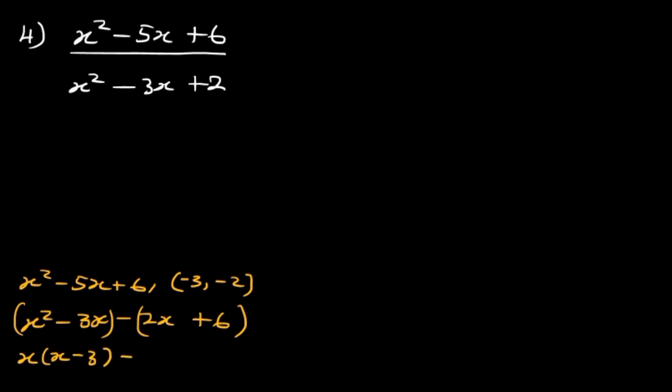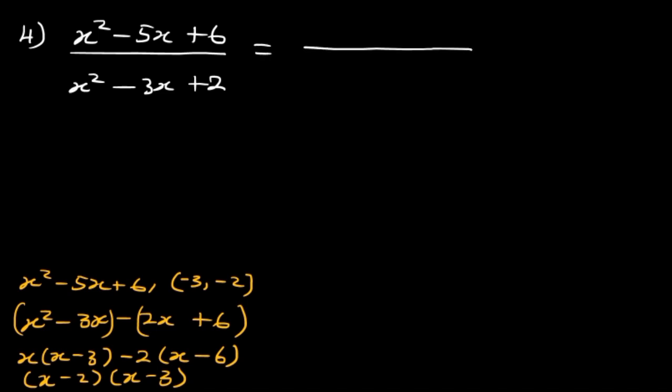In this case, we can bring out minus 2, and this will be x minus 3. Altogether, this will be x minus 2 and x minus 3. So in the place of x squared minus 5x plus 6, we will plug in x minus 2 multiplied by x minus 3.